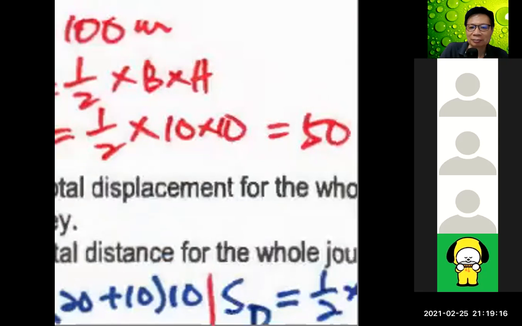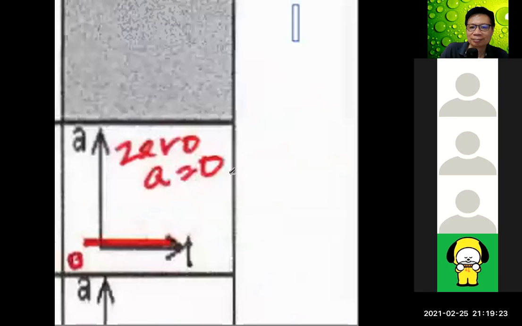Jia He, this graph, this is what? When you have this graph, it show what? Uniform velocity. Yes, very good. Uniform velocity. Yes, correct.